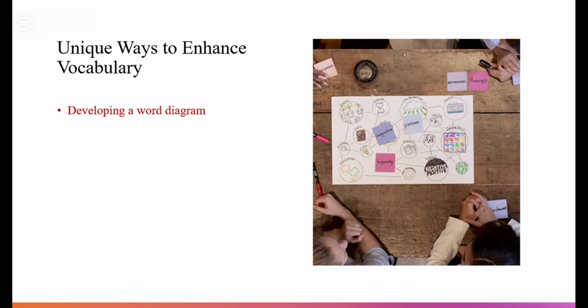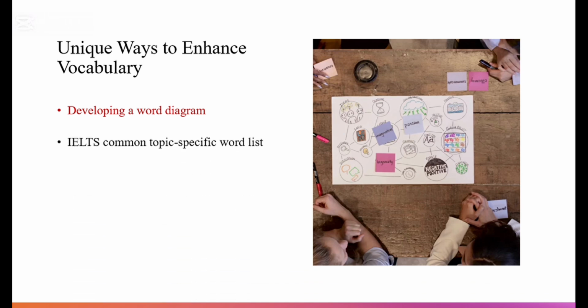We are going to talk about this in our upcoming slides. Let me first explain the five important ways, and then we will discuss each in more detail. So the first thing is developing a word diagram.